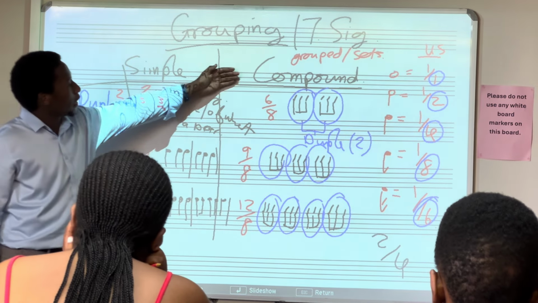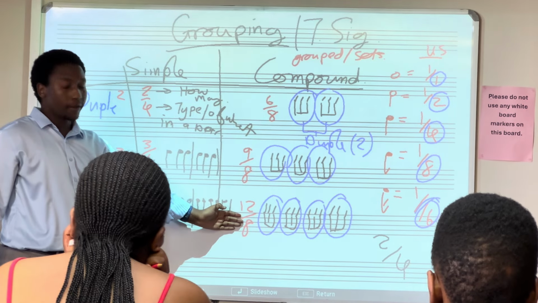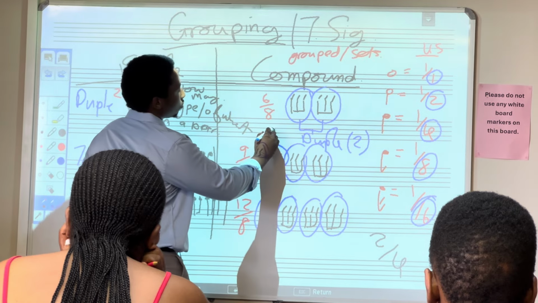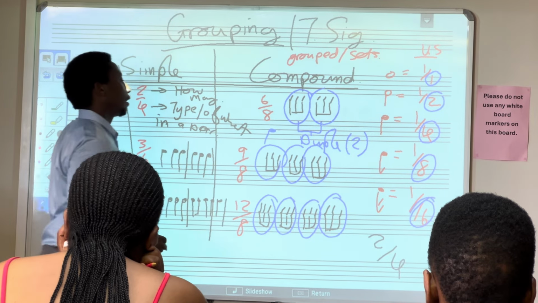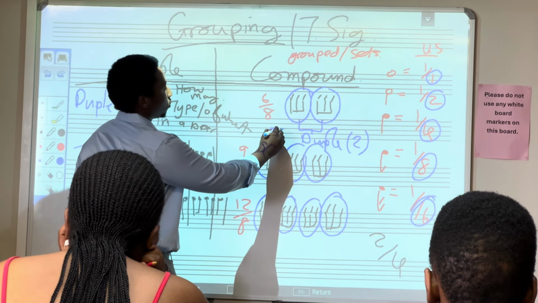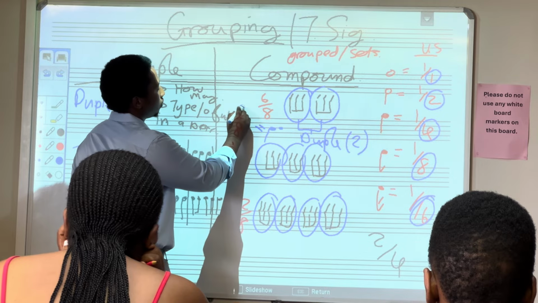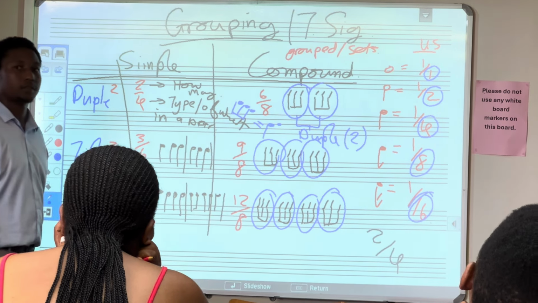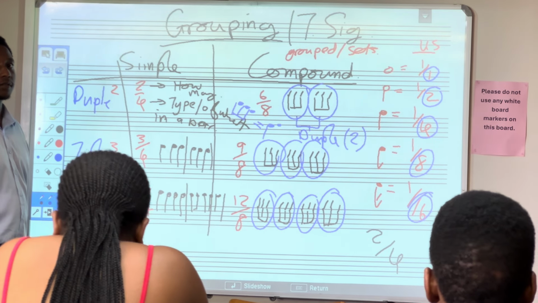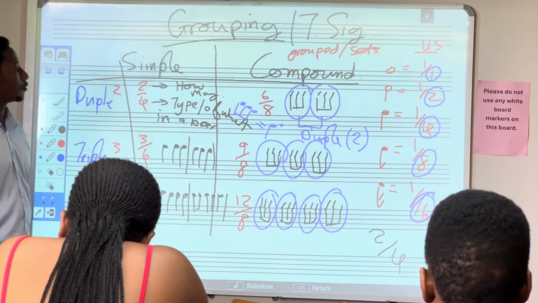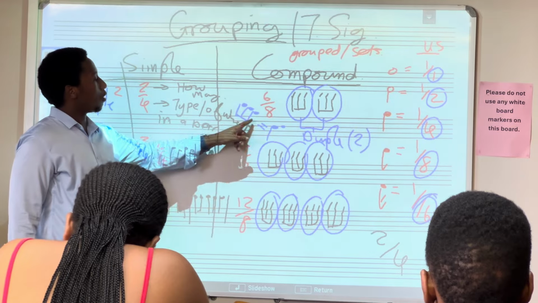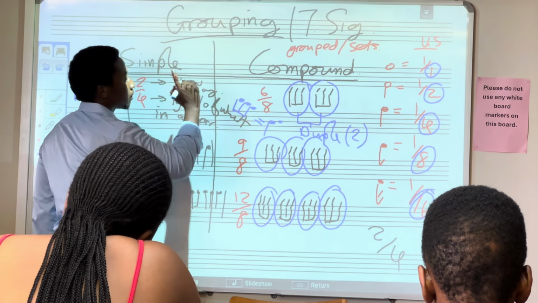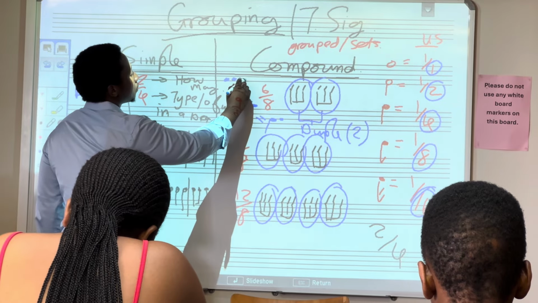If I see a collection of quavers grouped in sets of 3's, even dotted crotchets, because in one dotted crotchet you have 3 quavers. You see, what makes this compound, these 3, is because they are together. Instead of saying simple time will make it like this.